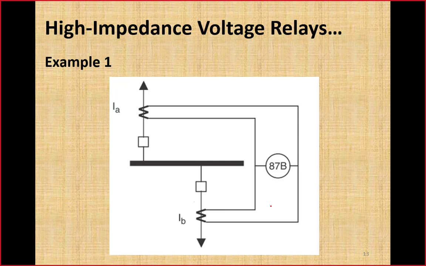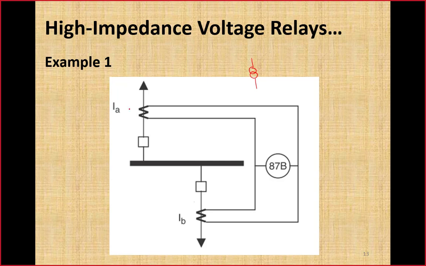Here I will develop the equivalent circuit of these two CTs connected in parallel to give you an understanding of the operation of the high impedance voltage relay. We can model the CT with an ideal current source.